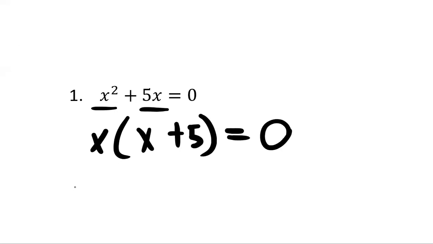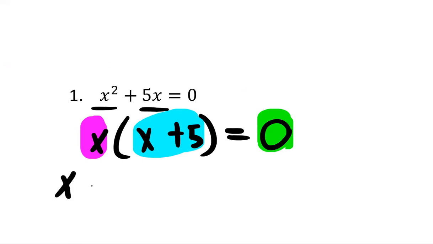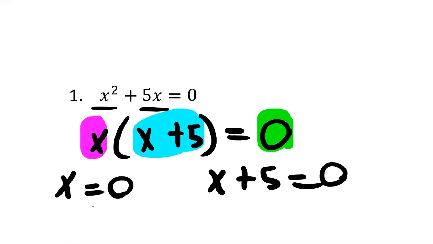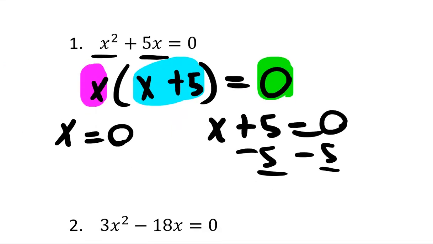So we just replace the given expression with something that's equal to it. And now we can use the zero product rule. The zero product rule says that if this thing times this thing equals 0, which apparently it does here, then we can go ahead and set each individual piece equal to 0 and solve. And so therefore we'd get 0. And if we take away 5 right here, we'd get -5. So the answers in this situation would be 0 and -5.